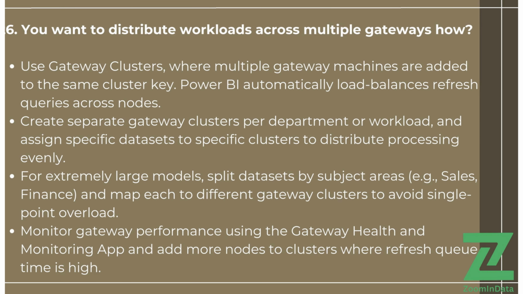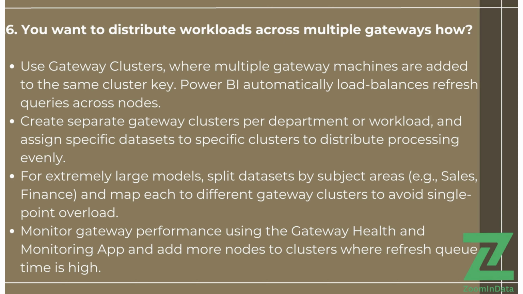26th question. You want to distribute workloads across multiple gateways. How? Use gateway clusters, where multiple gateway machines are added to the same cluster key. Power BI automatically load balances refresh queries across nodes. Create separate gateway clusters per department or workload, and assign specific datasets to specific clusters to distribute processing evenly.